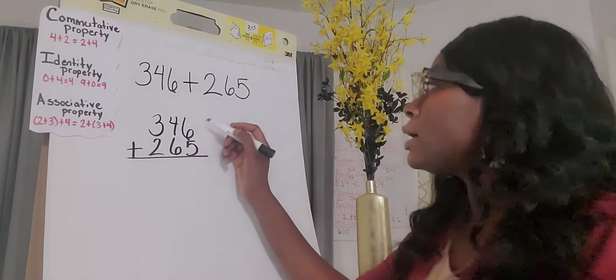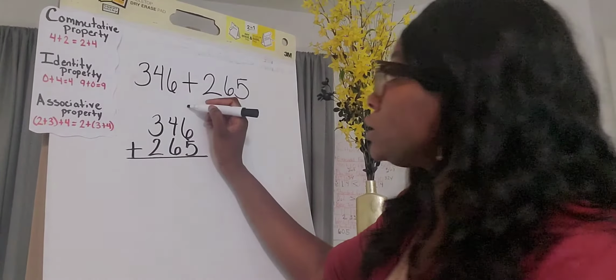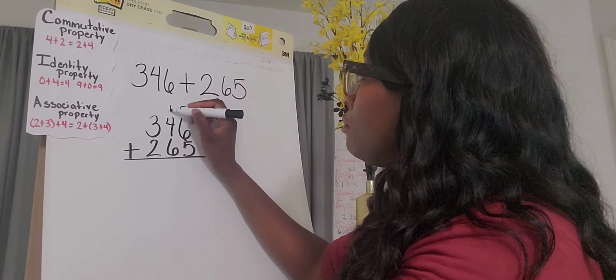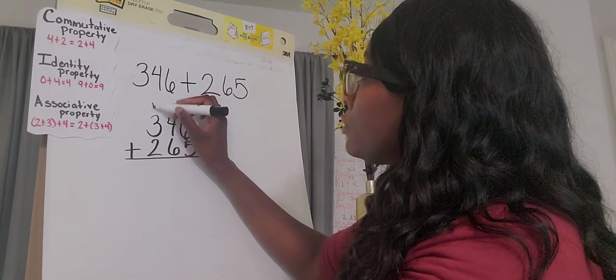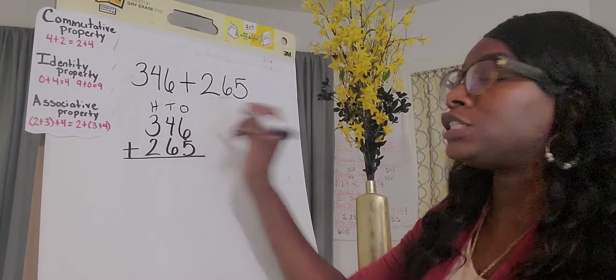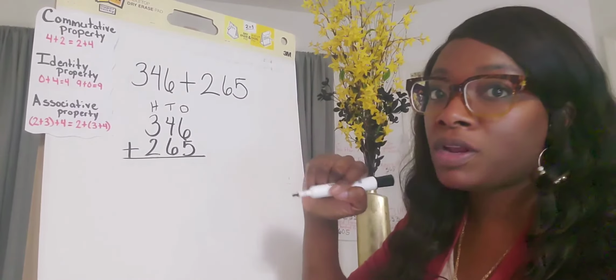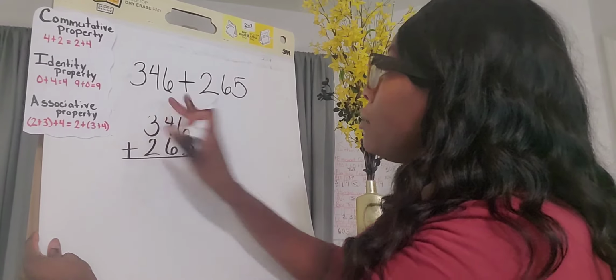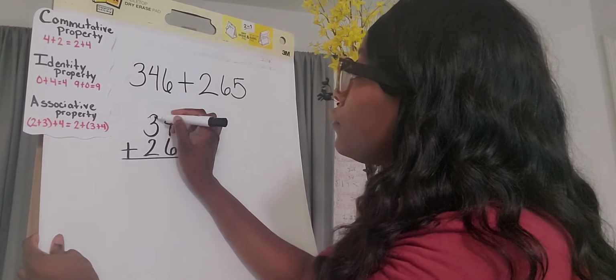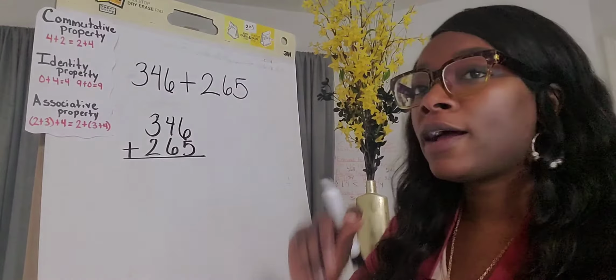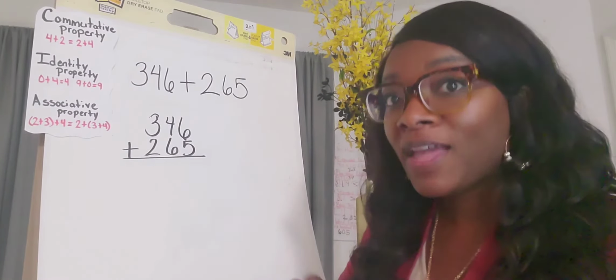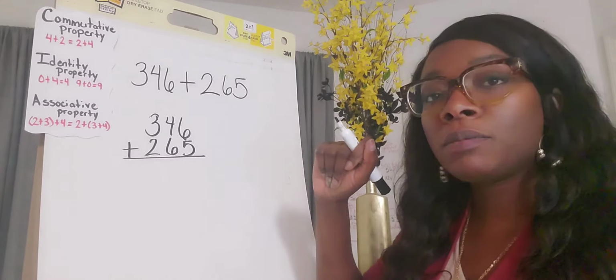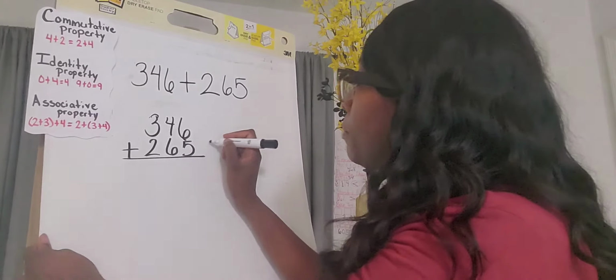Add those up. Now, always starting in my ones place. If you need to make your HTO to remember, you can always do that, okay? Anything you need to do to help you out, do whatever that is. So 6 plus 5, that's 11. 11 is a 2-digit number, so I need my bubble.